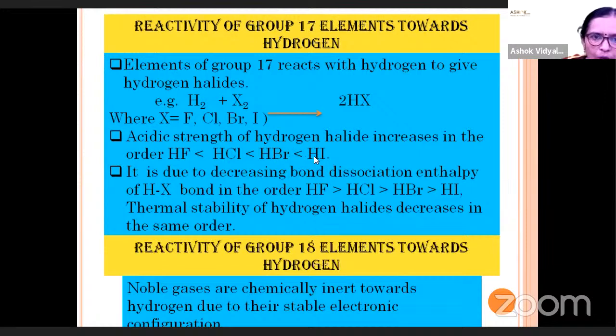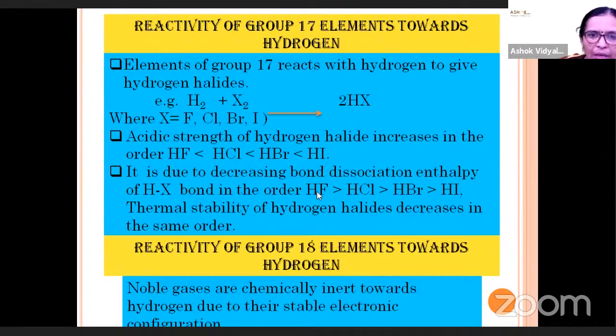Means the strongest acid in this family is HI, and this acidic strength increases down the group from fluorine to iodine, and it is due to the decreasing bond dissociation enthalpy of the HX bond.